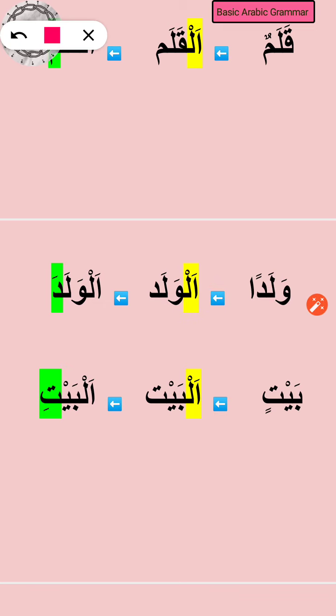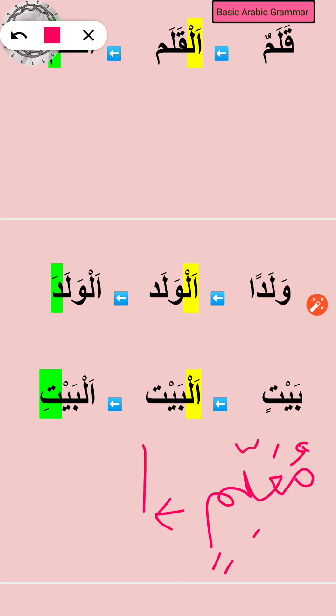Muallimin. Muallimun means a teacher. So muallimin is the jar form of muallimun, and if I were to add al to it, it will become al muallimi.